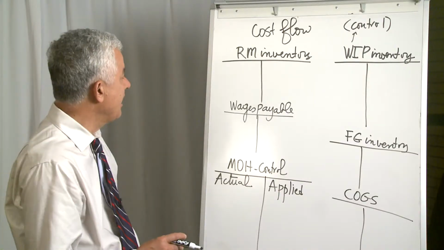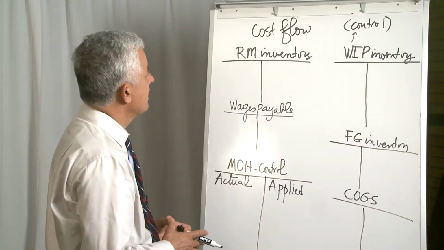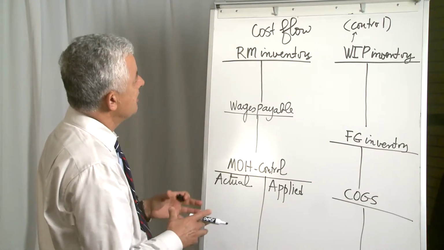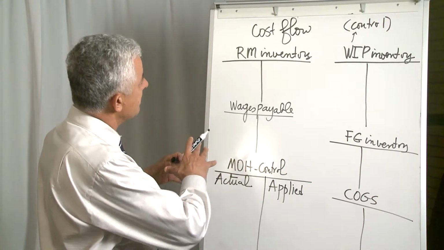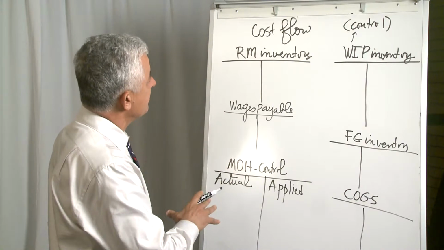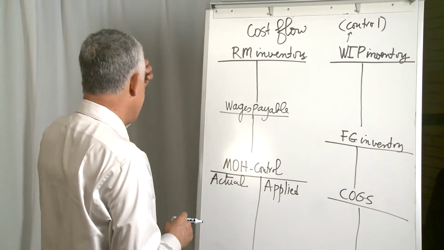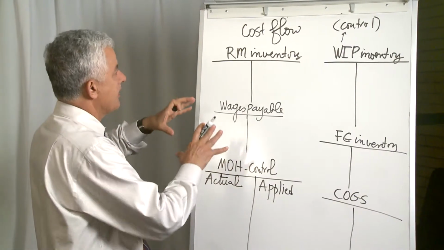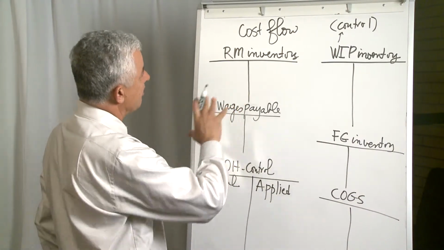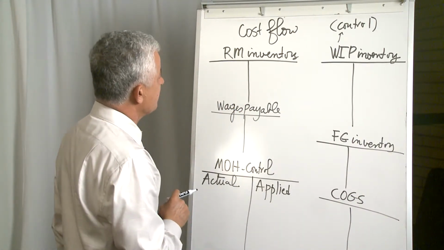Let's see now how costs flow through the different stages of production. Now we're going to show you how the raw materials move through the different stages of production, how they are transformed, and then go over the different stages of production.